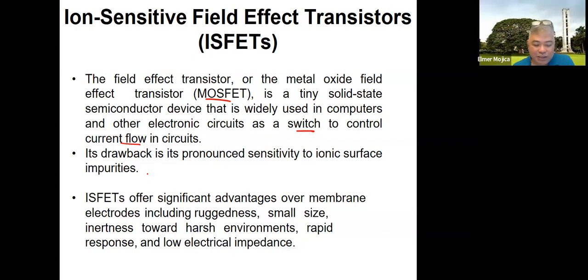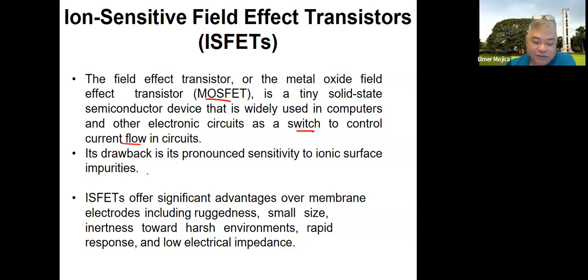But this type of material has been used since 1970. They were able to take advantage of exploiting the sensitivity of the MOSFET to the surface ionic impurities for the selective potentiometric determination of various ions.